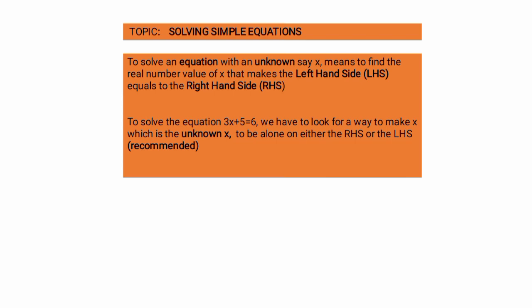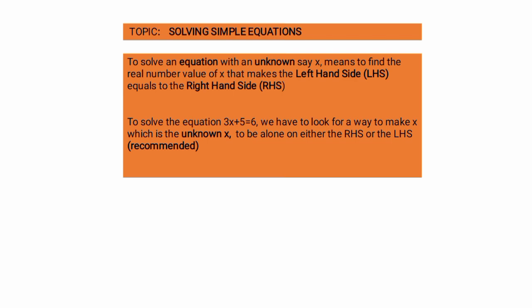To solve an equation, let's say 3x plus 5 equals 6, we look for a way to make x, which is the unknown, to be alone on either the right hand side or the left hand side. However, it is recommended that you make that x, or the unknown given in the equation, be on the left hand side.